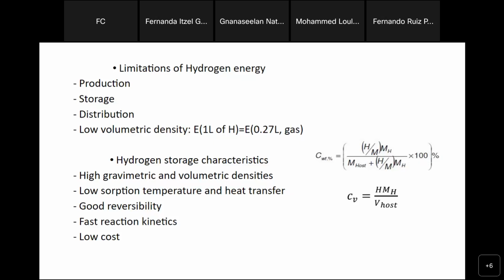The gravimetric density represents the quantity of hydrogen that a given mass of the host can generate, and the volumetric density is the quantity of hydrogen gas that a host volume can contain. Moreover, the storage system must have low absorption temperature and heat transfer, and of course good reversibility for multiple uses, fast reaction kinetics, and must be low cost.